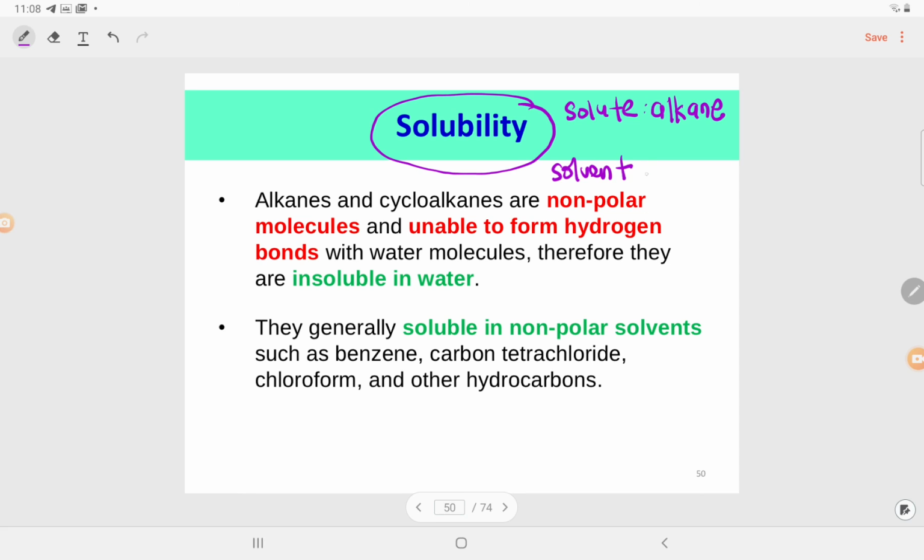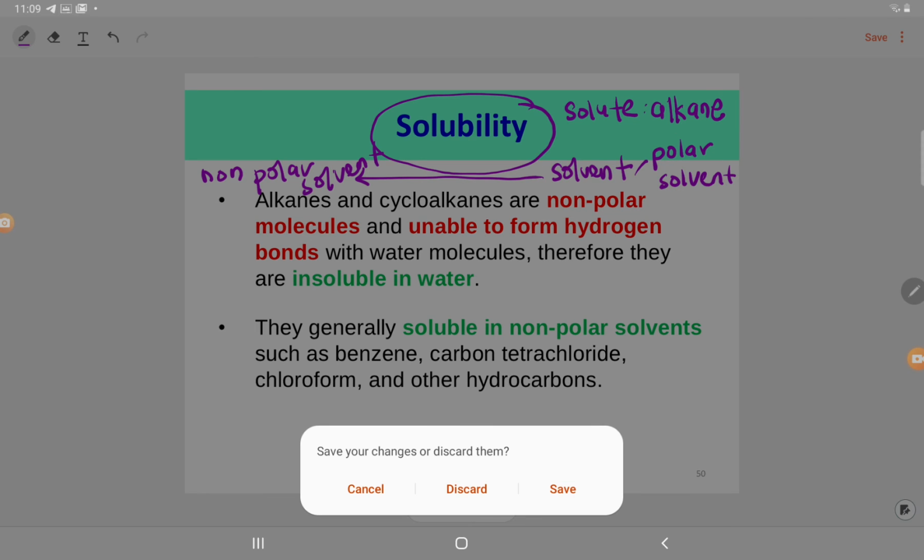And our solvent consists of two types, which are what? Polar solvent, and for the second part, non-polar solvent.